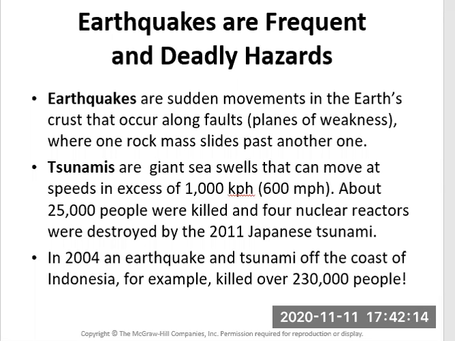About 25,000 people were killed and four nuclear reactors were destroyed by the 2011 tsunami. When these swells approach the shore, they can create breakers as high as 65 miles. These tsunamis also can be caused by underwater volcanic explosions or massive seafloor slumping.